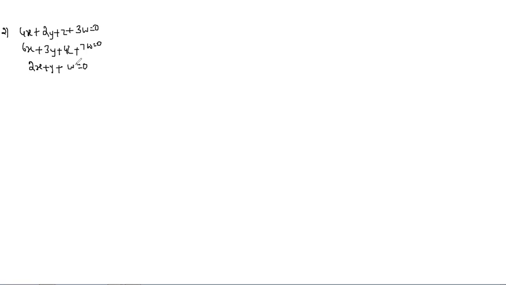Once again, repeating the question: determine whether the following equations will have a non-trivial solution. If so, solve them. Here they are not clearly mentioning non-trivial, so they are asking us to solve. Okay, so here we need to check whether it is trivial or non-trivial.